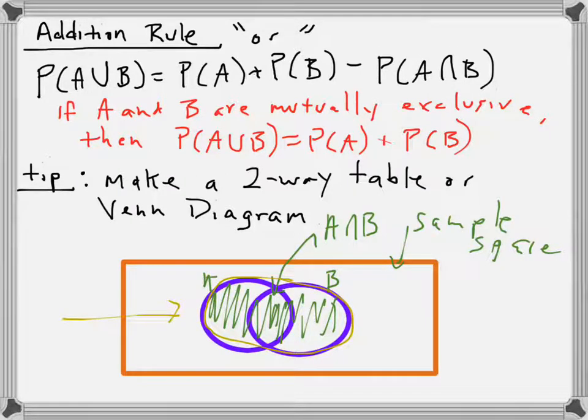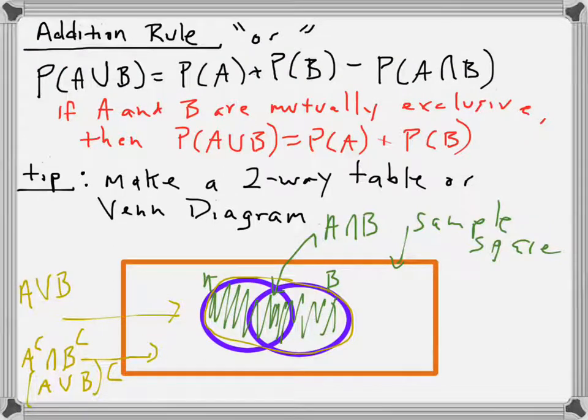If you're in one of those two circles, you're either in A or B. And if you're here, not in either, then there's two ways of saying that. You're either in A complement intersection B complement, not in A and not in B, or you're not in A or B, so that's A union B complement. Those two are in fact equivalent, and that's something called De Morgan's law that we don't cover in this class.